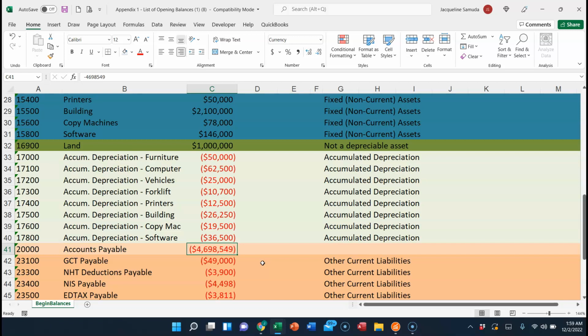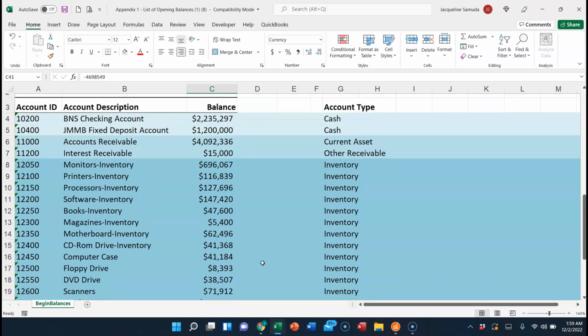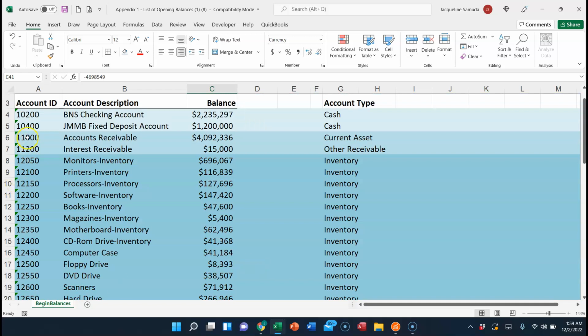Some textbooks call them total debtors accounts or total creditors accounts, because essentially they are showing you the overall total for all your suppliers in this instance and all of your customers in this instance here, 4,092,336.